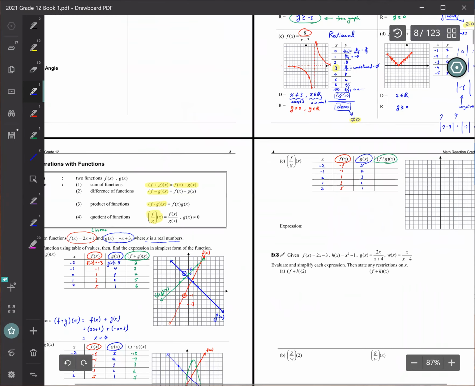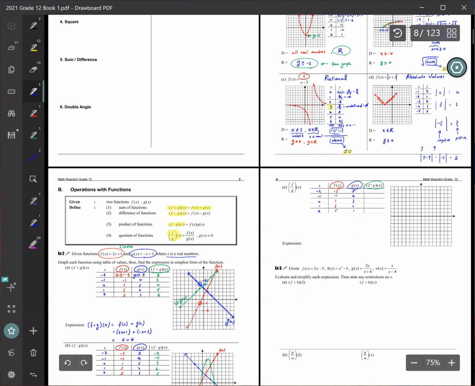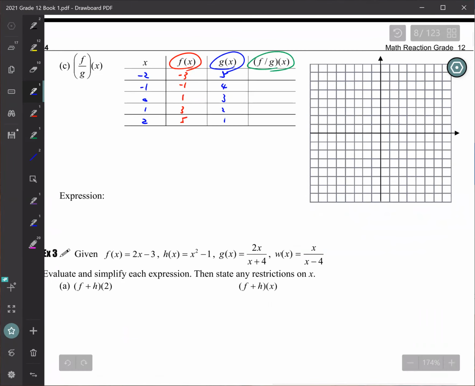Then mix up the colors. Oh, I mixed up the colors. Okay, all right, so let's copy the graphs. -2, -3, -1, 1, 3, 5.